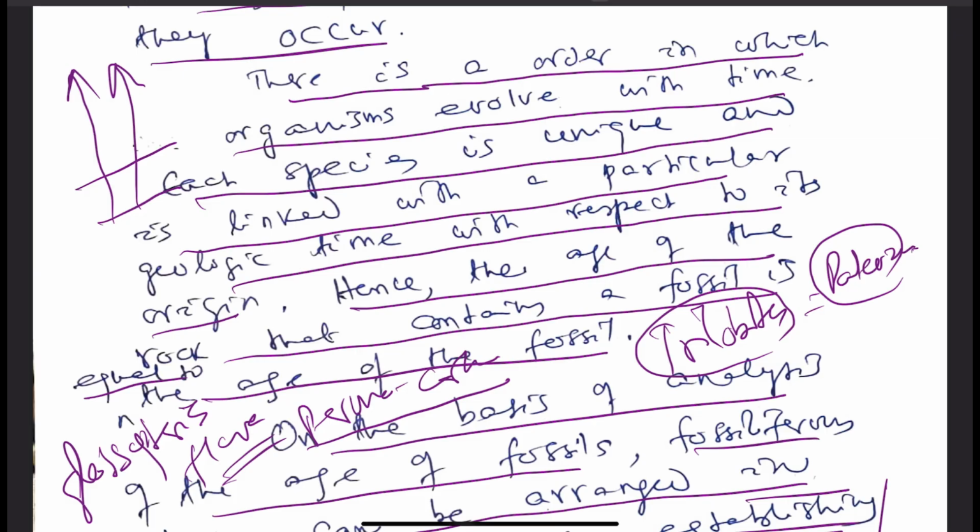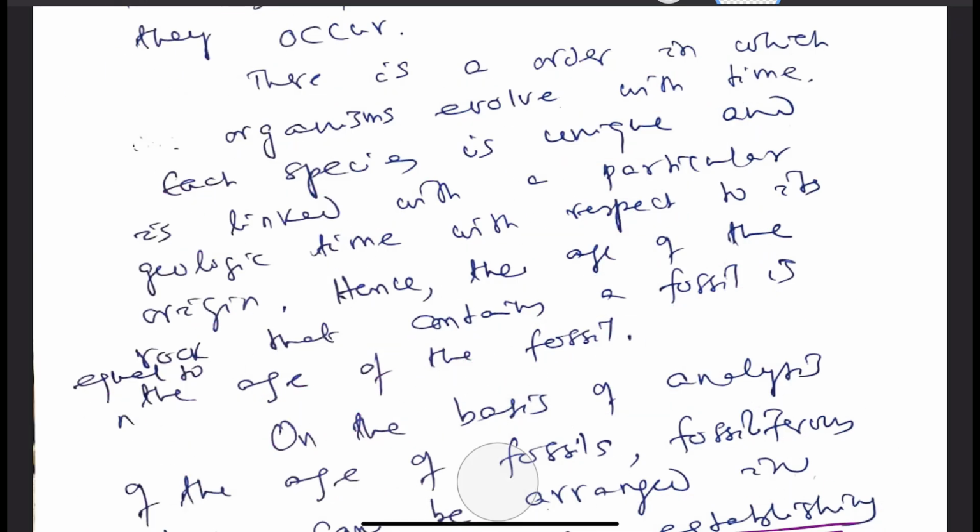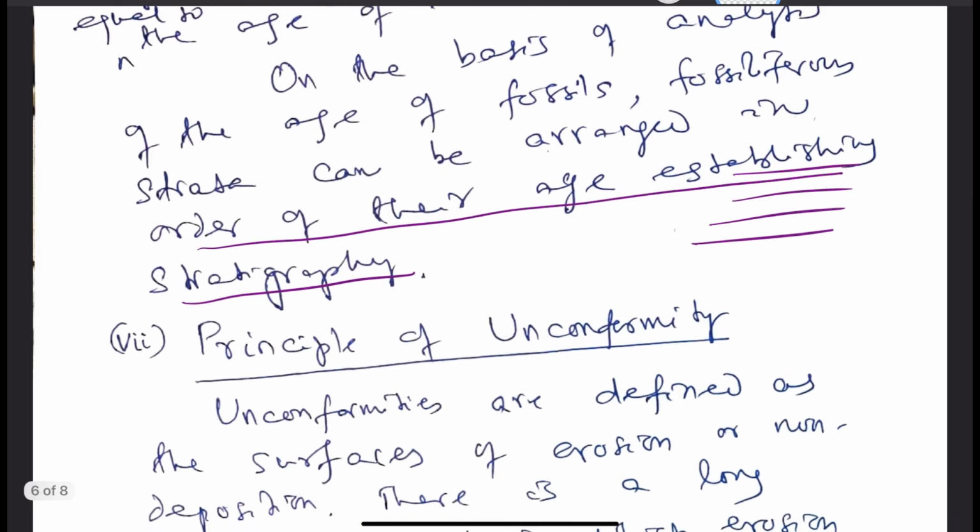So, this organic evolution is studied, and the age of the corresponding organisms is noted, and accordingly the rock layers that contain these organisms are identified with respect to their age, and once the age is determined, the rock layers are arranged in order of their age, and thus the stratigraphy of the area is built. So, order of faunal succession is a principle.